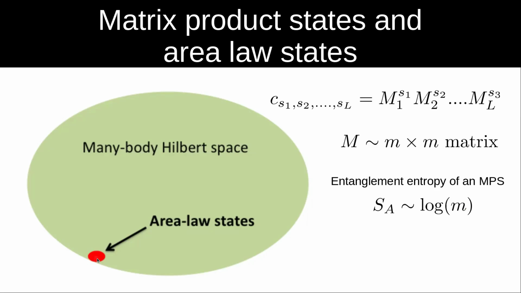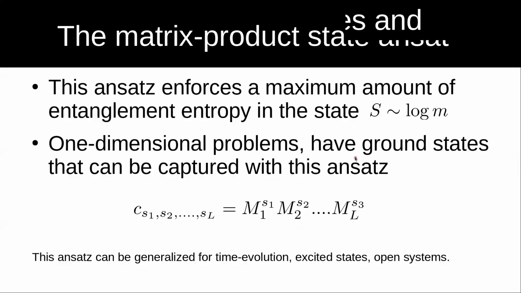But what is important is that this portion of the Hilbert space is the portion of states that follow area law entanglement, and in particular, the entanglement of those states grows with the logarithm of the dimension of the matrices that you use in your matrix product state ansatz.